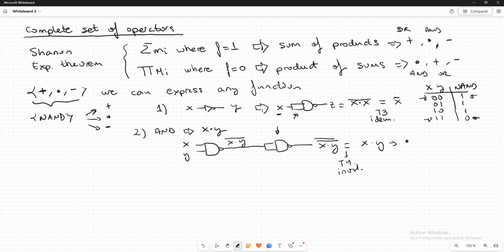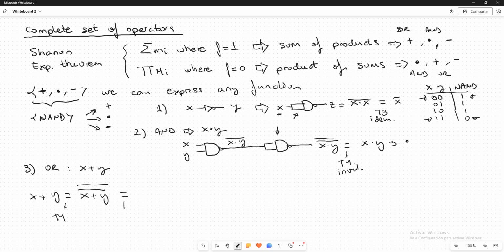And finally, the OR operation, the logic sum. We have to reach this expression with NAND gates. So we are going to do the following. If we have this and we negate twice, just applying again the involution law, theorem 4, this is the same.